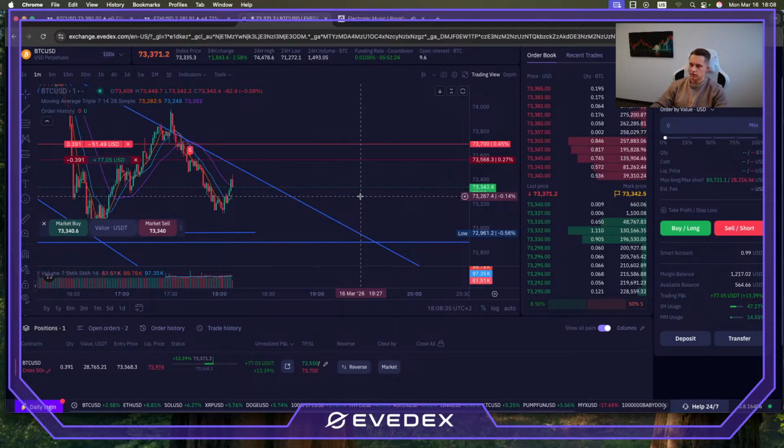So it looks like it is coming back down, and now we expect that bearish downtrend to continue.